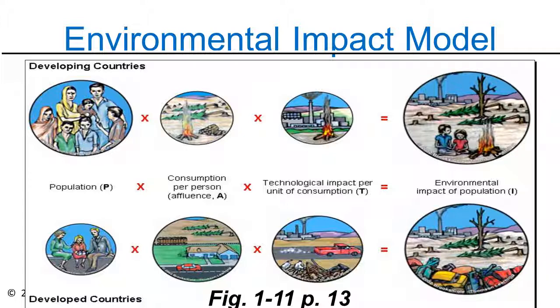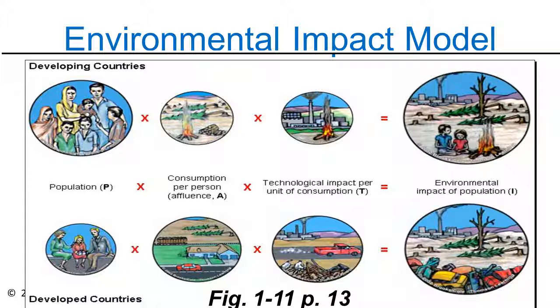If you look at this diagram, it's basically saying that the impact of a population, I, will equal the population numbers, or P, times the affluence, or consumption per person, known as A, times the technological impact per unit of consumption, also known as T. So the impact, I, equals P times A times T, otherwise known as IPAT.